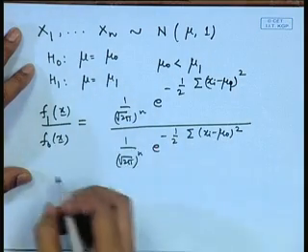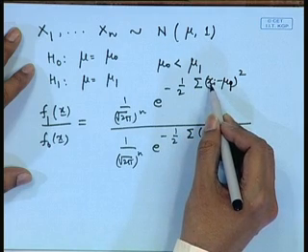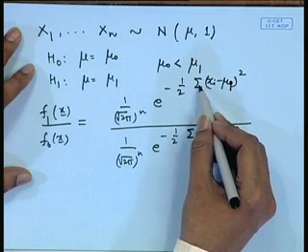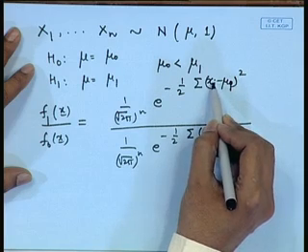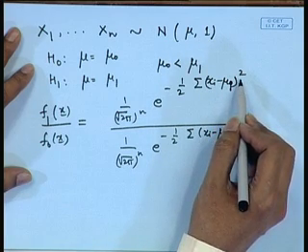Now, you can see that these terms cancel out, e to the power minus 1 by 2, if you expand this you get sigma x i square minus twice mu 1 sigma x i.